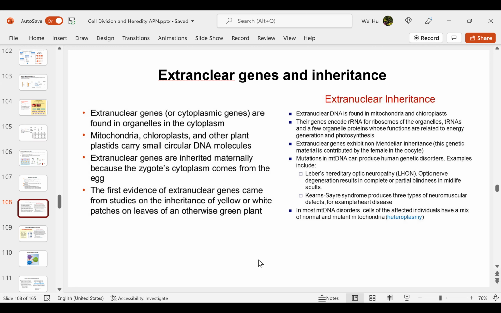All of the mitochondria is from your mom. None of the mitochondria is from your dad, because your dad only gave you half of the nuclear DNA. Your mom gave you half the nuclear DNA as well as mitochondria.